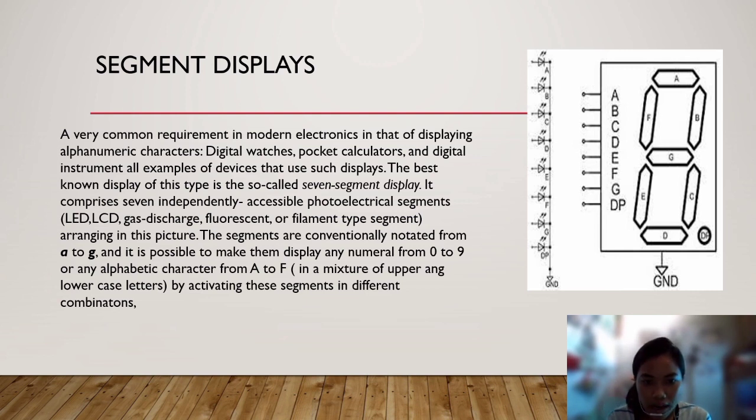The segments are conventionally noted from A to G, and it is possible to make them display any numeral from 0 to 9 or any alphabetic character from A to F, in a mixture of upper and lowercase letters, by activating the segments in different combinations.